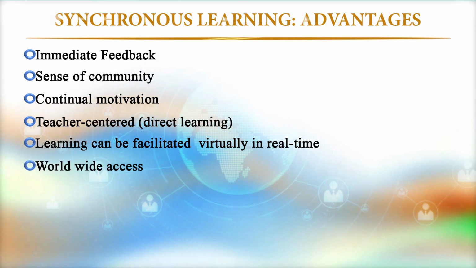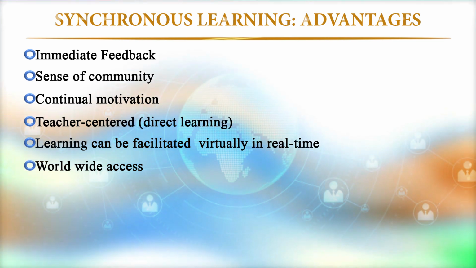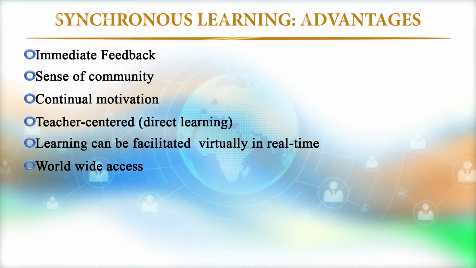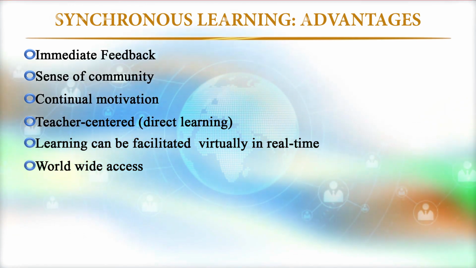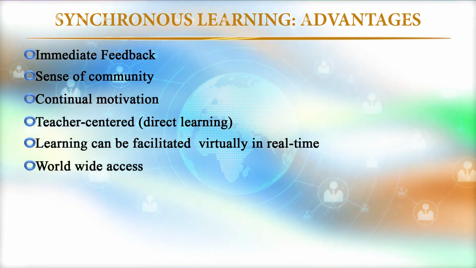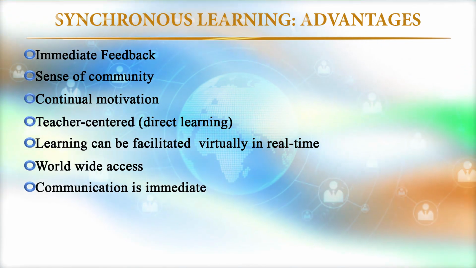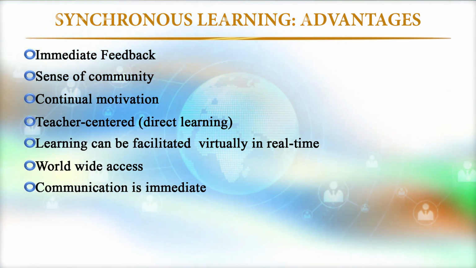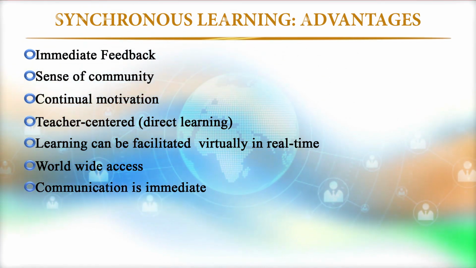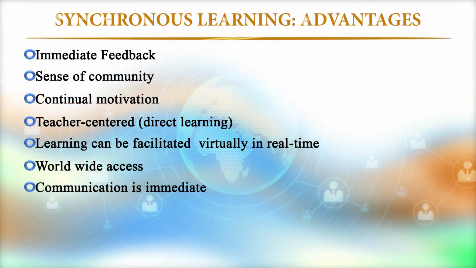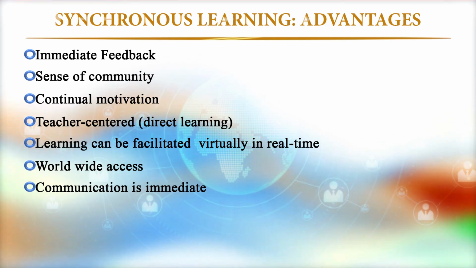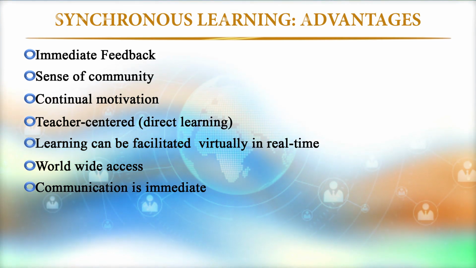And it is worldwide access, that means the student can sit anywhere and interact with their instructor. Communication is immediate, so that is very important. That means communication between the teacher and the student, and between peer to peer groups, happens immediately, so that the information can be transferred immediately to the learners.